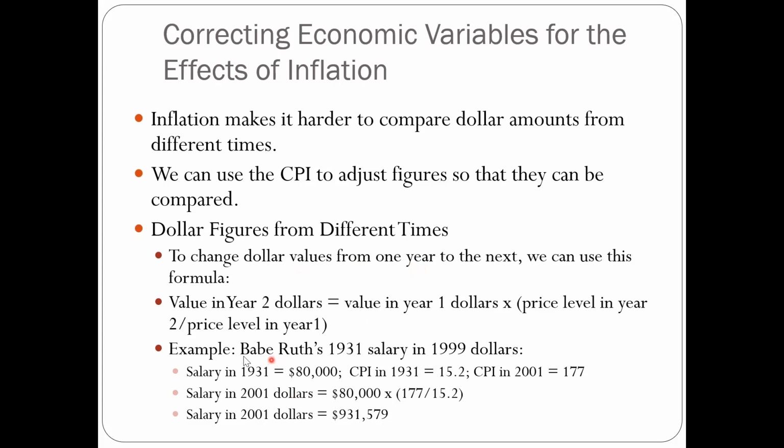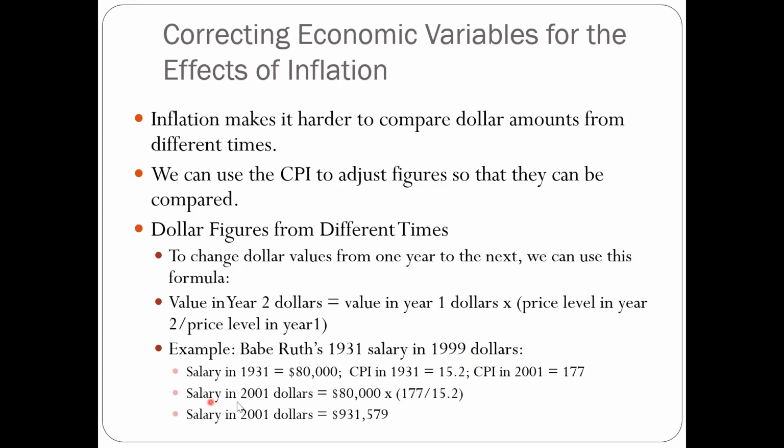So here it's the salary of one person who had a salary in 1931 of 80,000. The CPI in 1931 was 15.2. The CPI in 2001 is 177, so we can see that there is a huge change from 1931 to 2001.